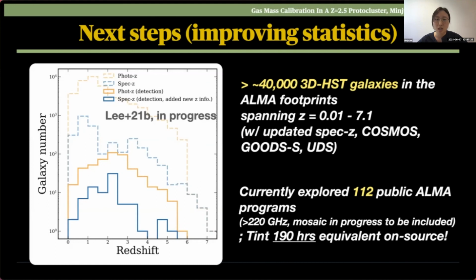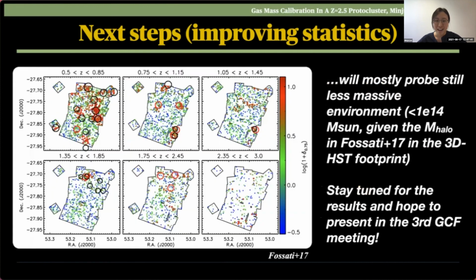So I'm currently exploring the ALMA archive. Currently, above 100 public ALMA programs, corresponding to roughly 200 hours equivalent on-source time, have been explored. And I hope that I can present the results at the next GCF meeting.